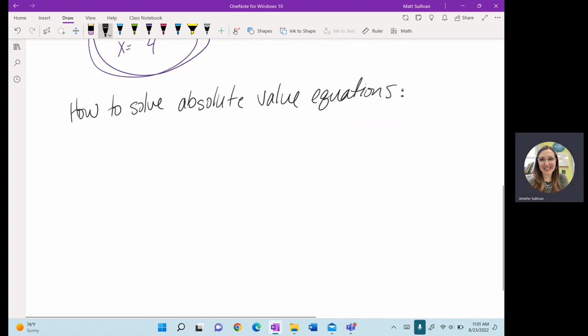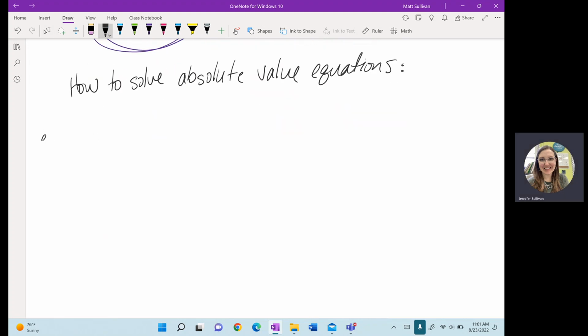I'm going to give it to you with an example that's a little bit harder. It's not very hard. The process is going to be the exact same. Let's say I gave you something like this. The absolute value of x plus 4 is equal to 6.